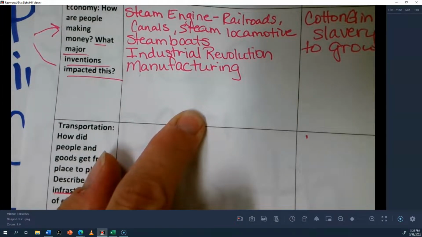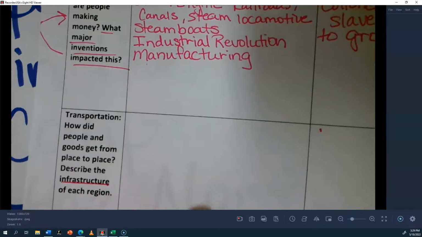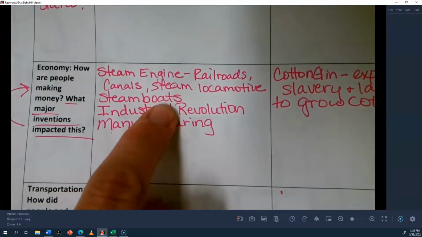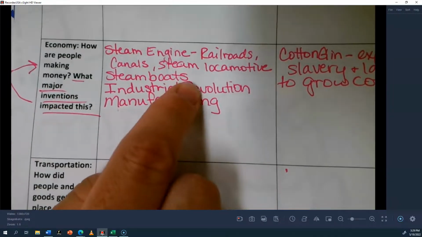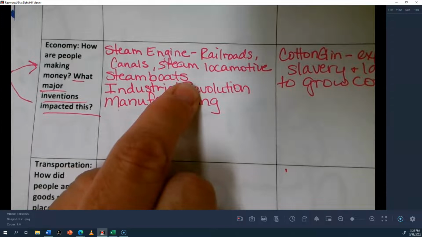But transportation is going to tie in with the inventions that impacted the economy. And you're going to need railroads to move goods between your own country.